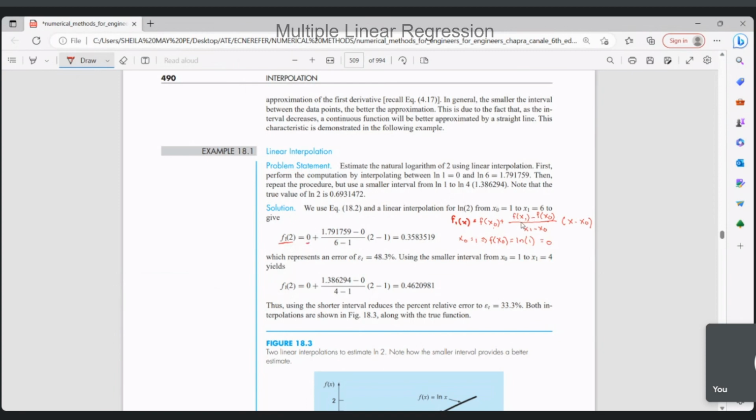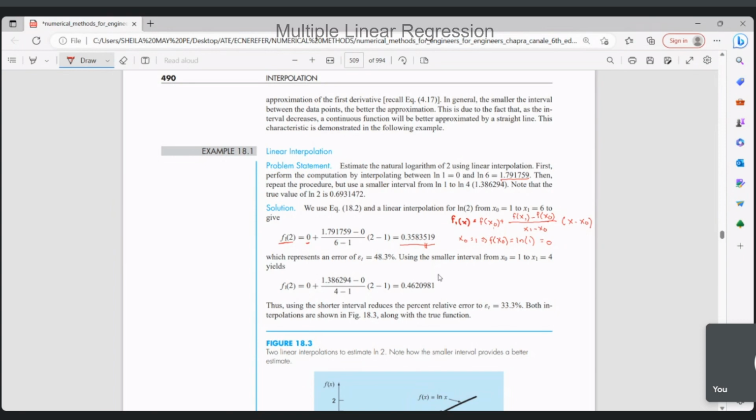Next, we have the function of x sub 1. x sub 1 is 6. ln of 6 is 1.791759 minus ln of 1, divided by x1, which is 6 minus 1, multiplied by our x minus x sub 0, that's 2 minus 1. And computing those, we get the answer for f1(x).